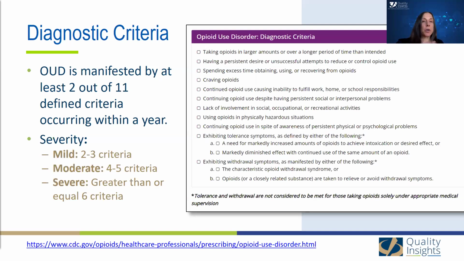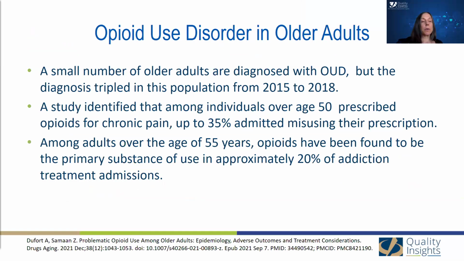It's important to know, though, tolerance and withdrawal is not considered to be met if individuals are taking opioids solely under appropriate medical supervision. So this screening talks about tolerance and withdrawal. So if you're taking opioids long-term, you're certainly going to have tolerance and withdrawal. That's just what happens when you take opioids.